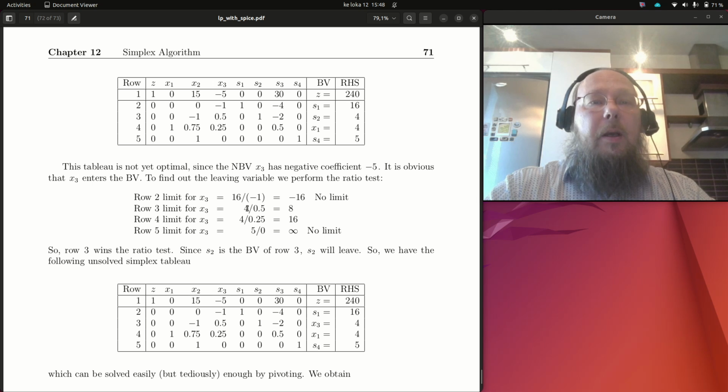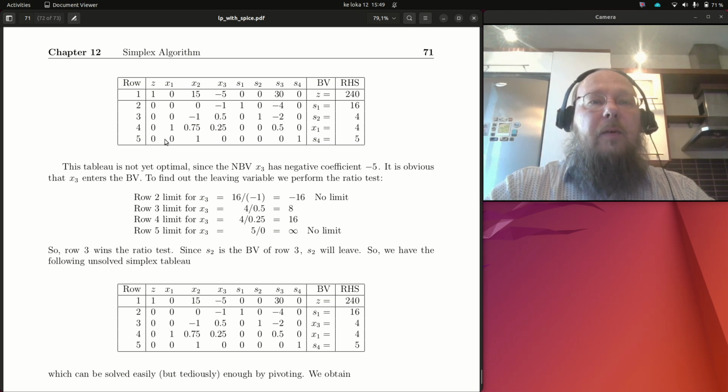Row 3 is 4 divided by 0.5, so 4 is the right hand side, and x3 coefficient 0.5. 4 divided by 0.5 is 8. Then row 4, it has 4 divided by 0.25, which is 16.